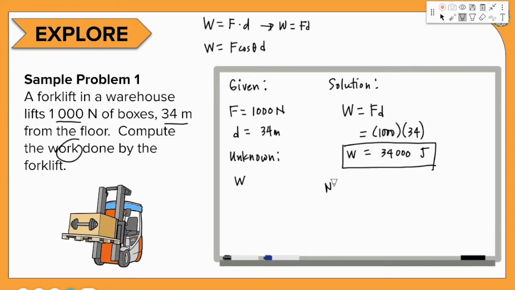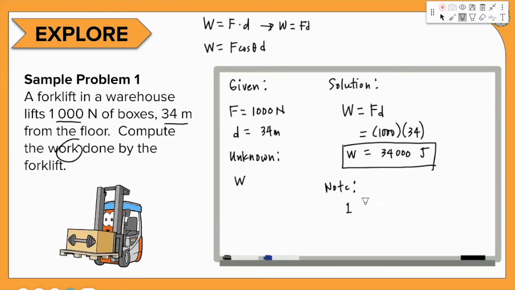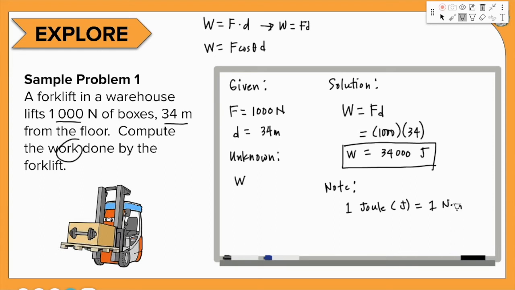Okay, so let me just write here the note. How come the unit became joule? It's because 1 joule, with the symbol J, is equal to 1 Newton meter. Okay? Where did I get Newton meter? The unit for force is the Newton, and the unit for displacement is meter.